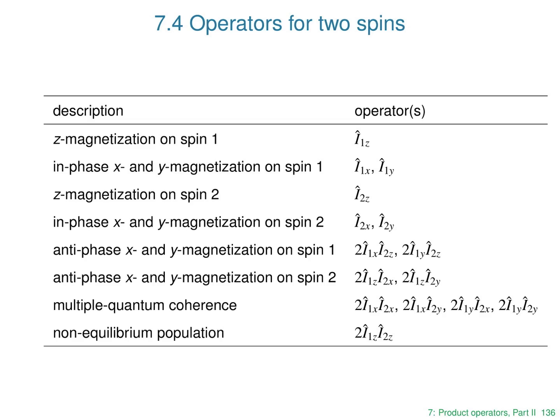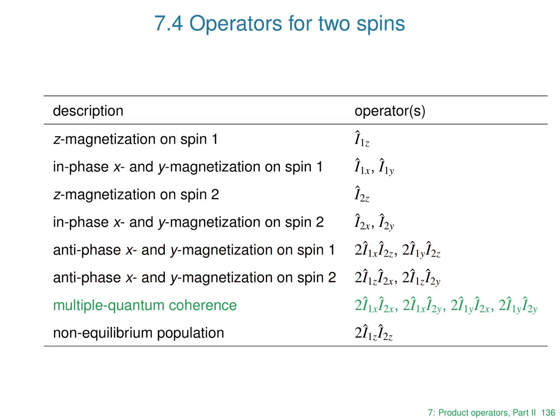Now things like 2I1x I2z and 2I1y I2z, these are called antiphase magnetization. So 2I1x I2z is antiphase magnetization on spin 1, and 2I1z I2x is antiphase magnetization on spin 2. And again, I will talk about what that means in some detail because it's rather important in all of this theory. And then finally, you've got a series of operator products which have got two X's or Y's in them.